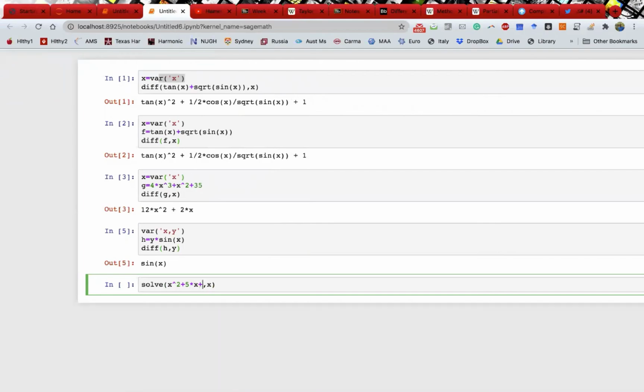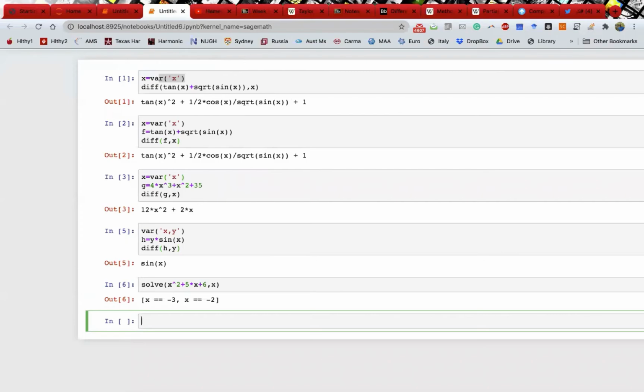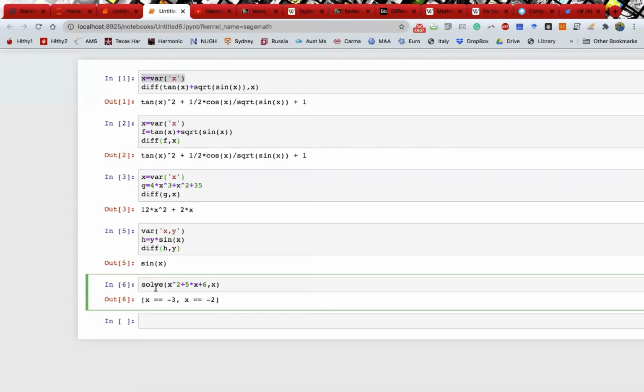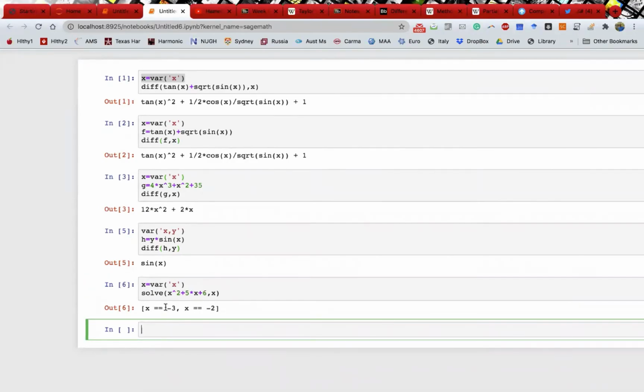Okay, since I defined variable x previously, I didn't need to define it in solve here. It was possible to write this one. As I said, we didn't need this one.